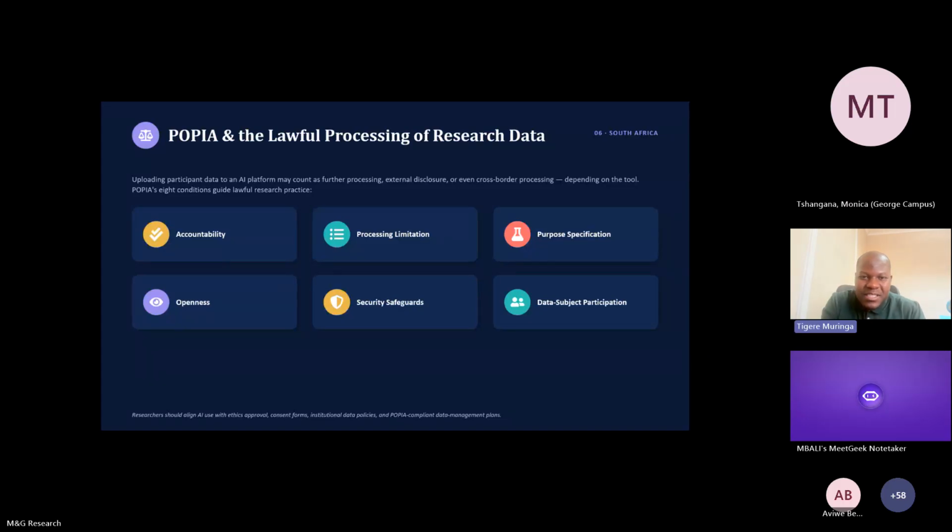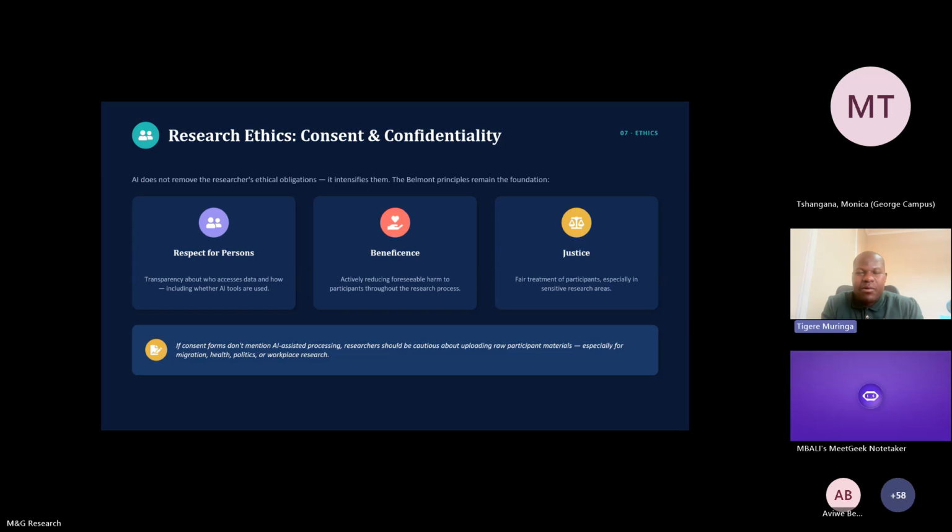That needs to be mentioned from the outset. We also need to link AI use to traditional research ethics and obligations so that we can align, not move away and detach ourselves from what is being done.